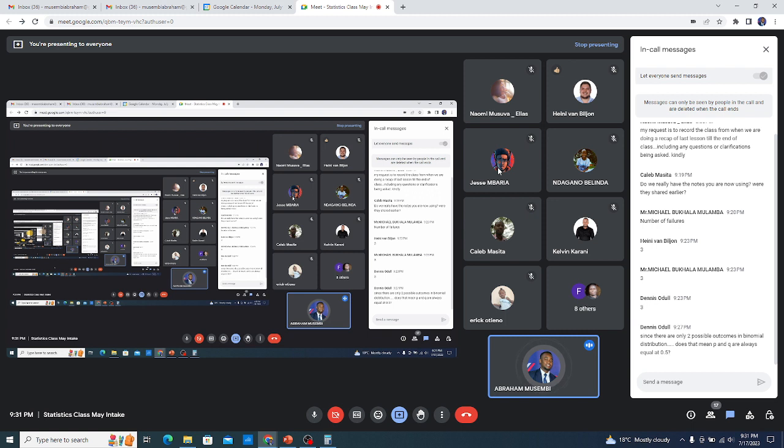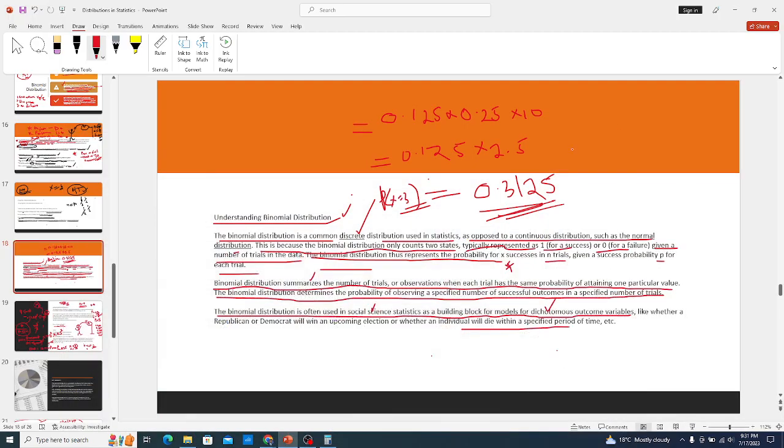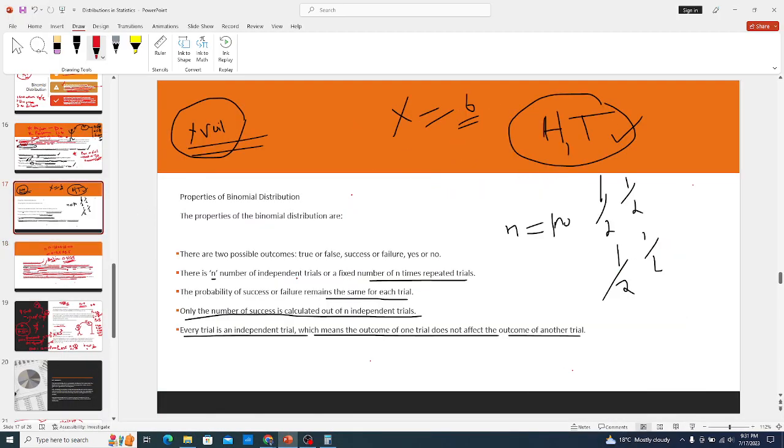Since there are only two possible outcomes in binomial distribution, does it mean P and Q are always equal to 0.5? Yes, because remember under our properties, we said we only have two possible outcomes, that is a head and a tail, maybe a success and a failure.